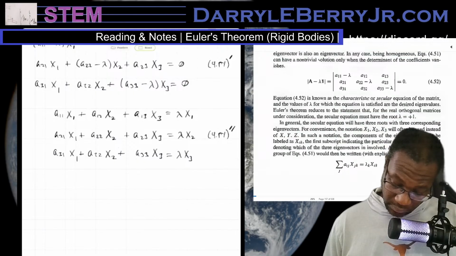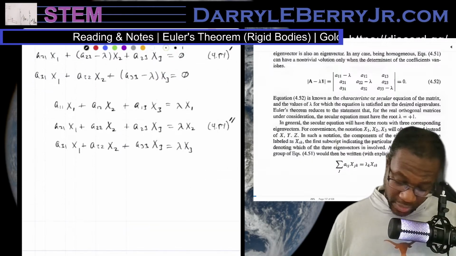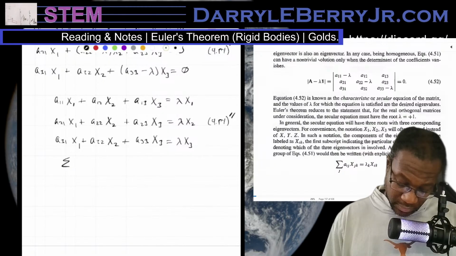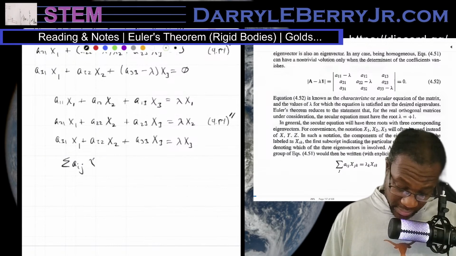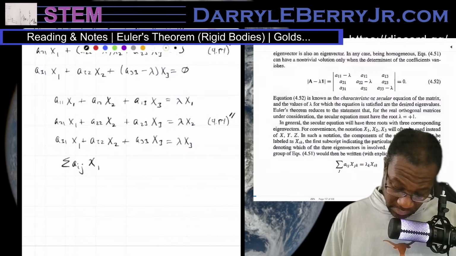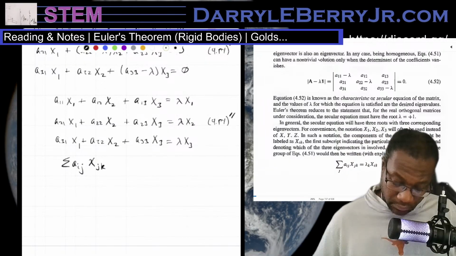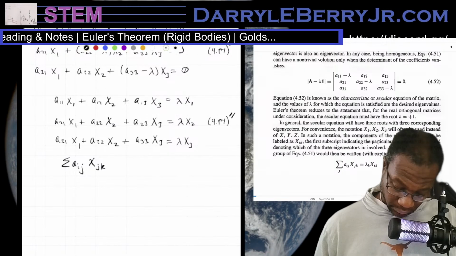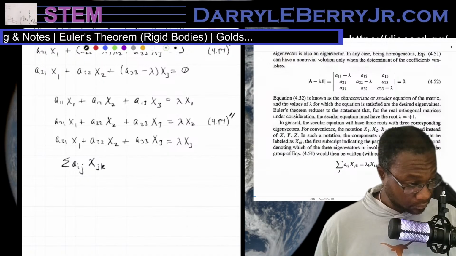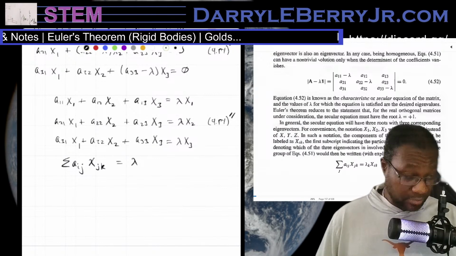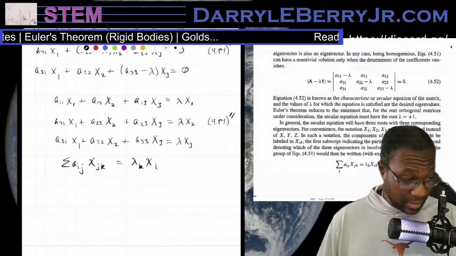So now we have the sum of a_ij and x_jk equals lambda_k x_ik.